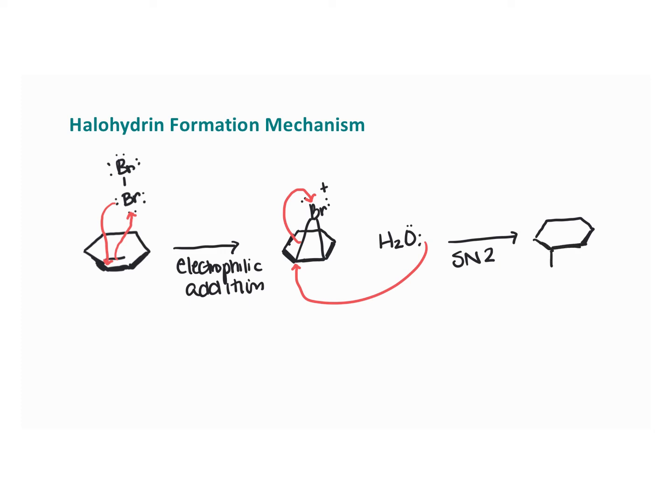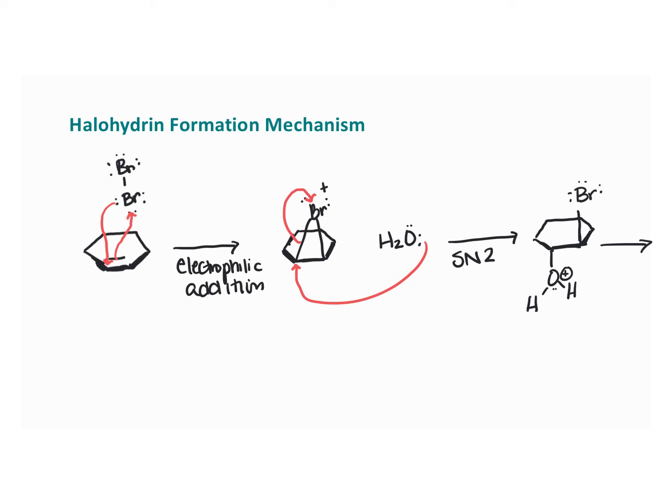What you're going to notice, and let me draw this way up here just so it's out of the way, is that because it's backside attack, it adds on opposite sides. But now we have this OH plus that's been added because that water comes in and acts like our nucleophile.